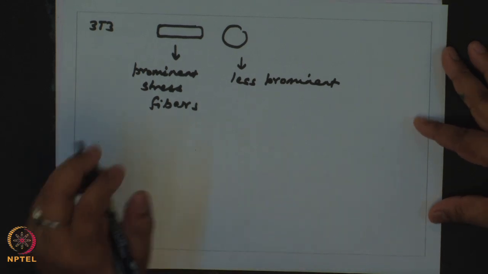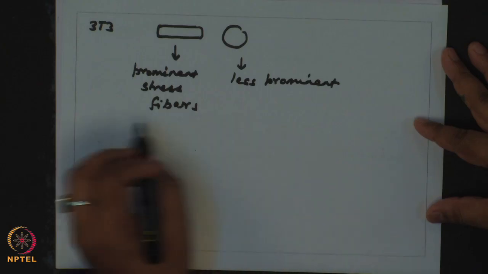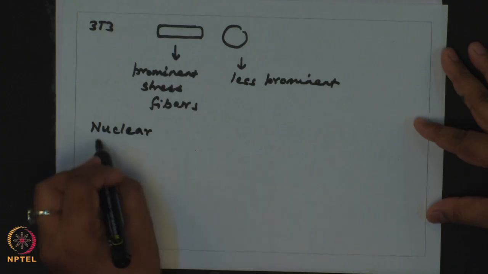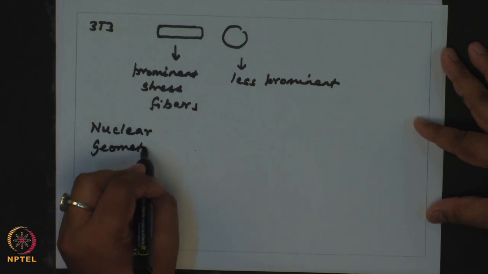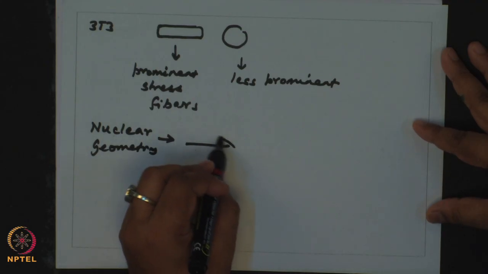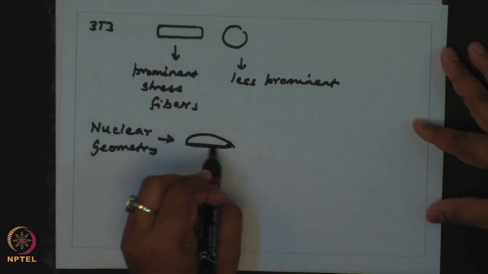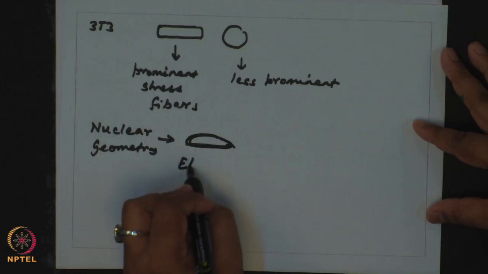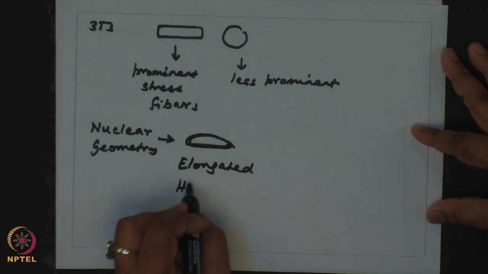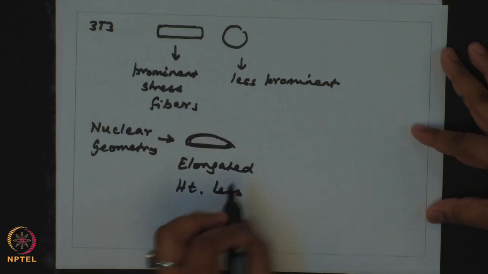Okay. And if you were to compare the nuclear geometry, here if I look in side view, the nucleus will have a geometry like this. In other words, it is elongated and its height is less.